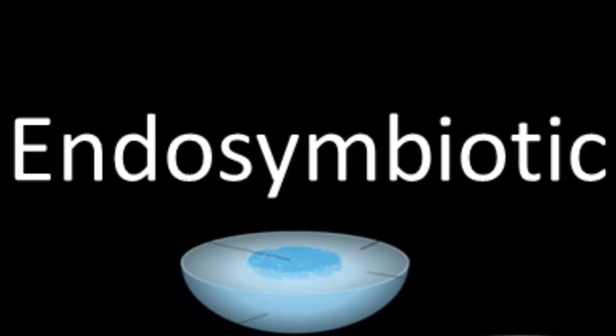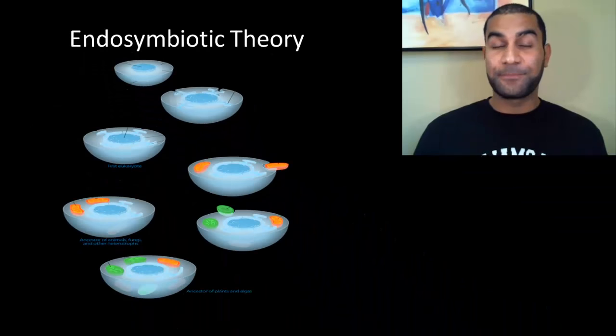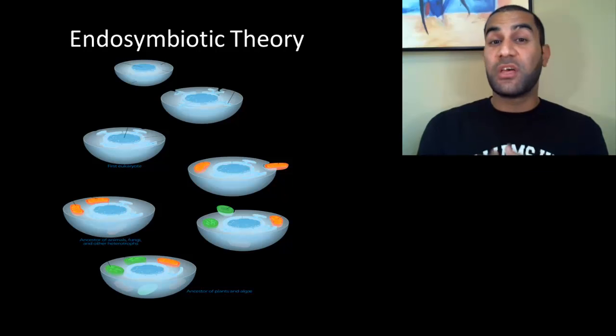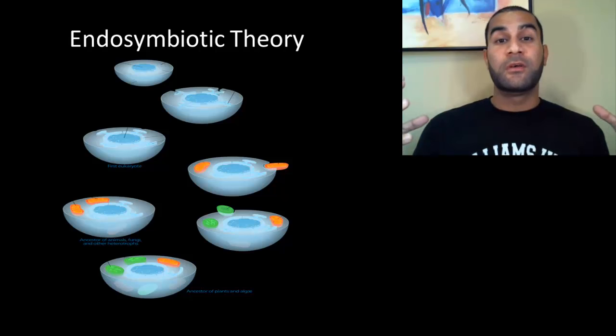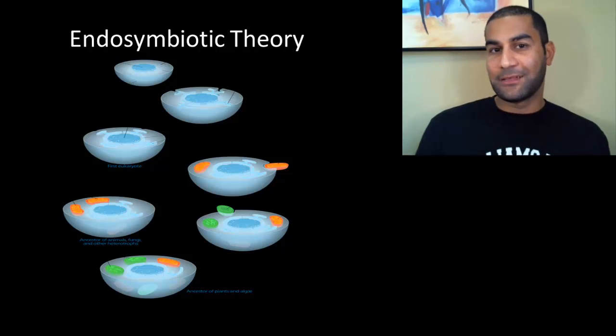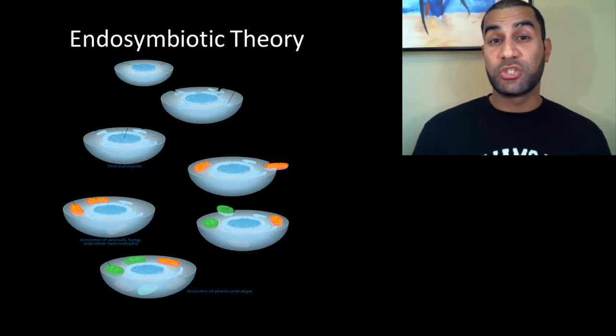So symbiotic means living together, and endosymbiotic means living together within each other. So it's the idea, generally, that cells fused within each other to become one more significant cell. So cells kind of fuse within each other to become larger components of the cell.